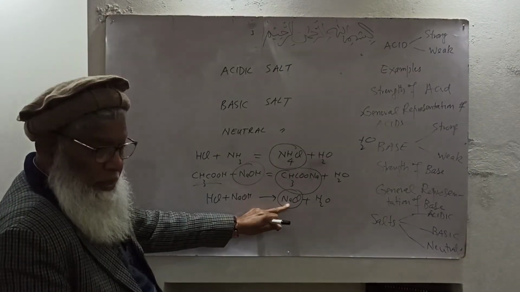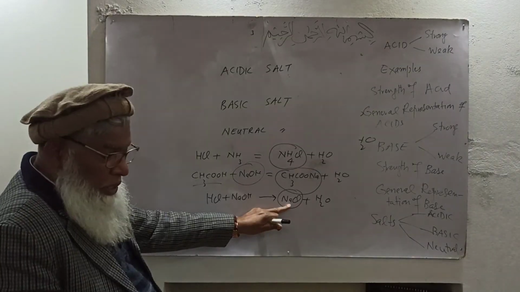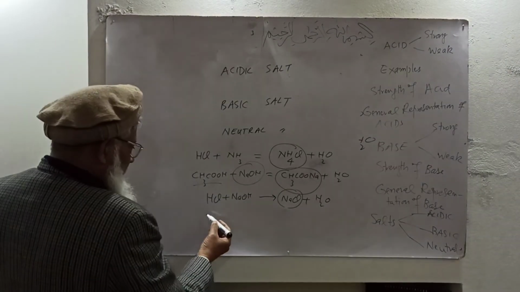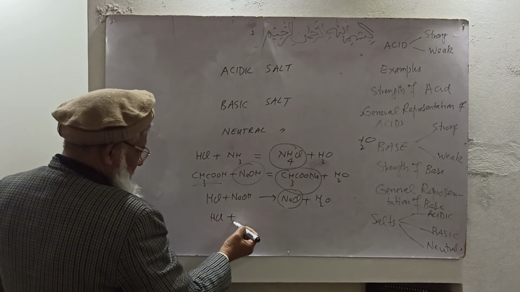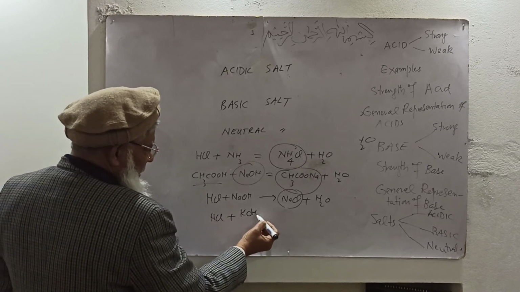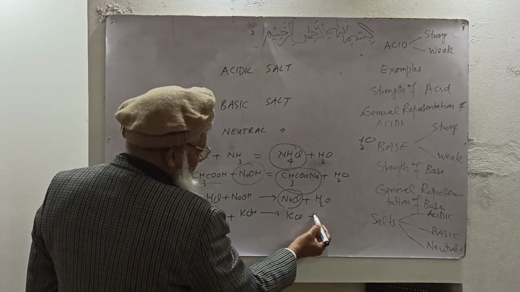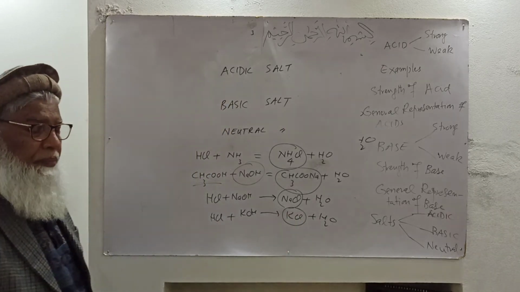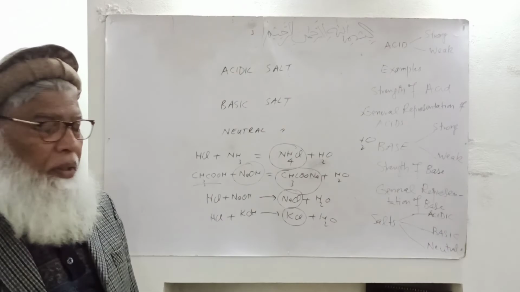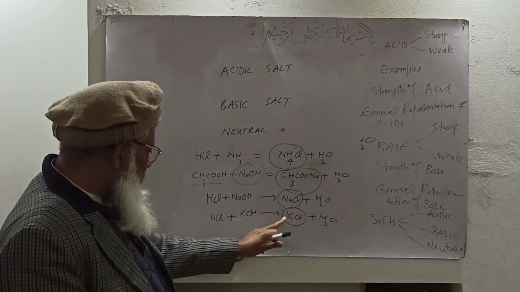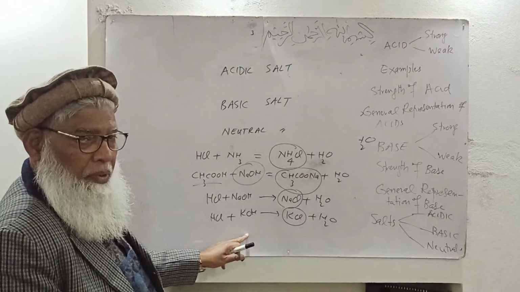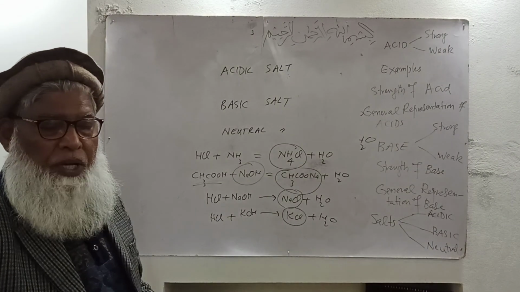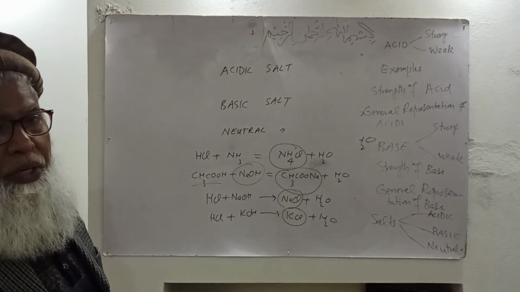On hydrolysis, this solution is neither acidic nor basic. Similarly, HCl plus potassium hydroxide gives potassium chloride plus water. This potassium chloride is a neutral salt. On hydrolysis, it is converted to a strong acid and a strong base. So this solution has neither acidic pH nor basic pH, so it is a neutral salt.